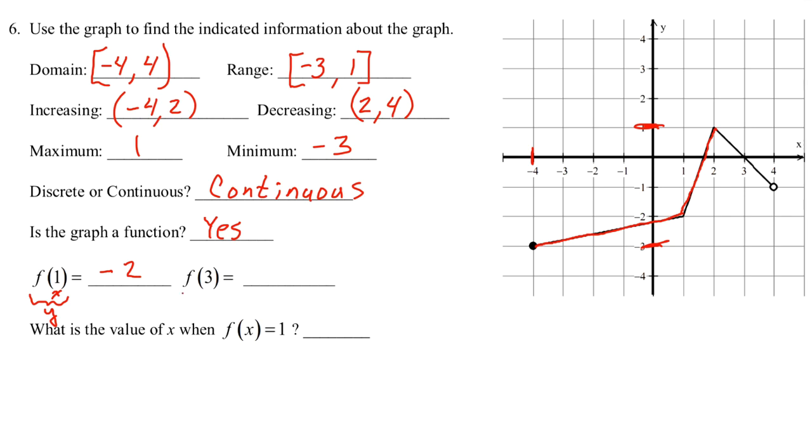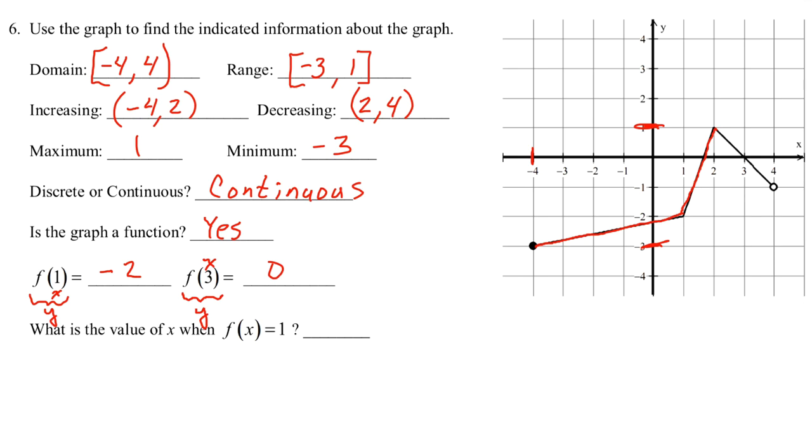So what this one is asking is, what is the y value when x is 3? So if you follow this over, when x is 3, that is the point on the function, and the y value right there is 0.